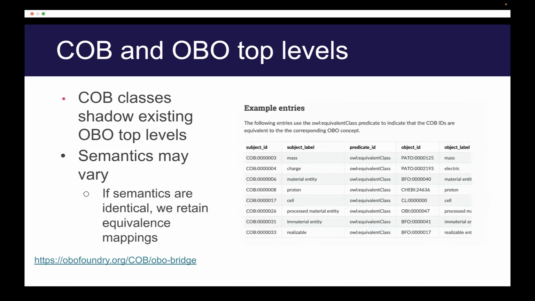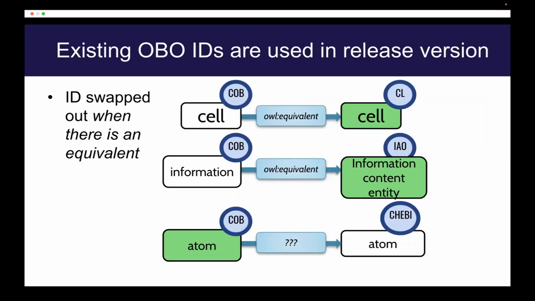We make all of these mappings available in the standard SSSOM format within the COB site. And then we actually use this in the release version of COB, where we swap back out the COB IDs for the native OBO root IDs.